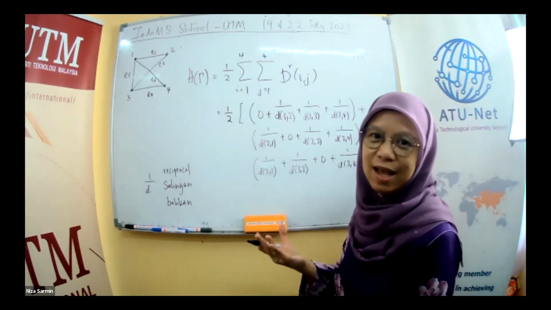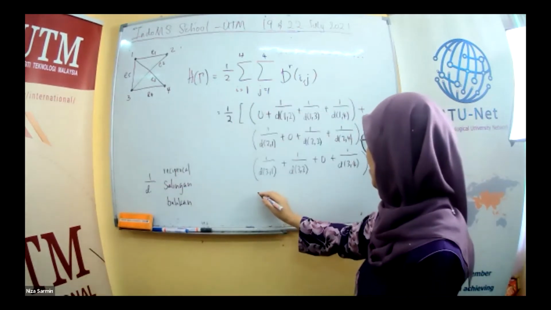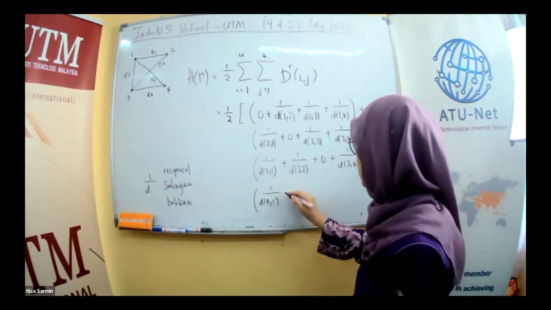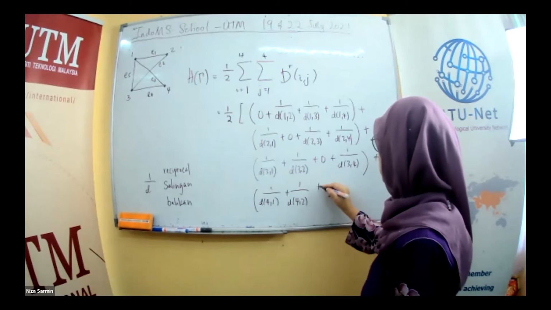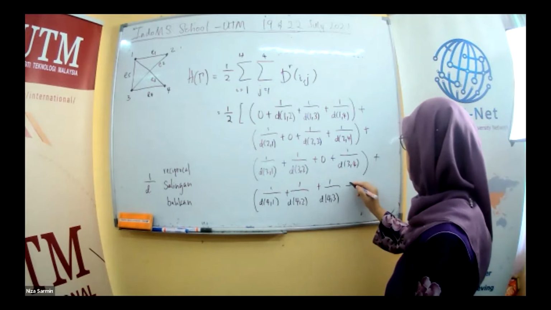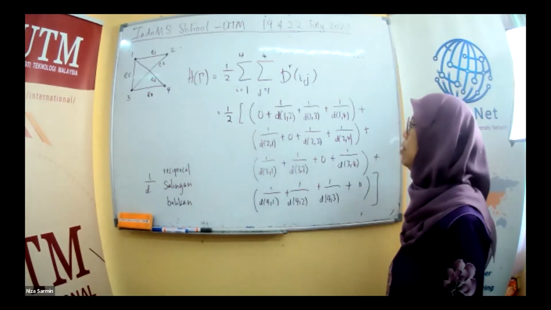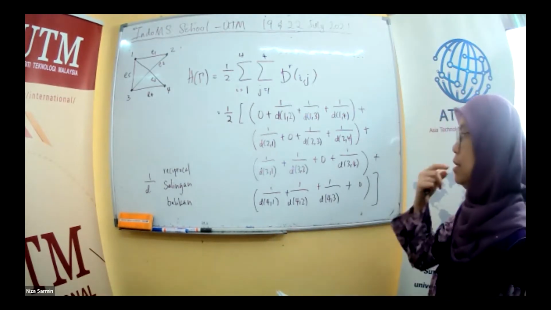If it's 10, I'm not going to do 10. For the diagonal, you do 0. Now you can plug in all the distances.